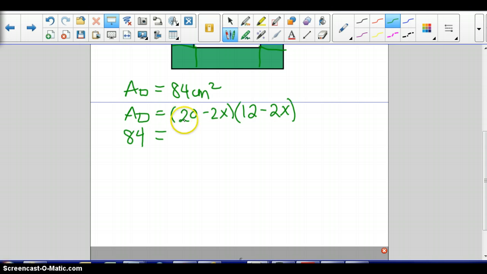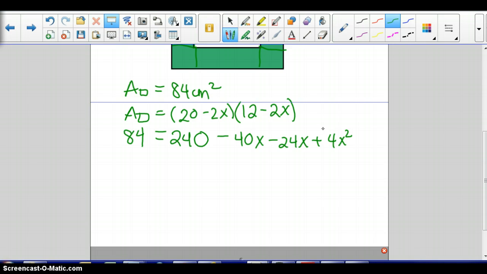So I have 20 times 12, I get 240. Okay, 20 times 2, or minus 2x. So I have 40x. Next one here, minus 24x. And plus 4x squared. Okay?